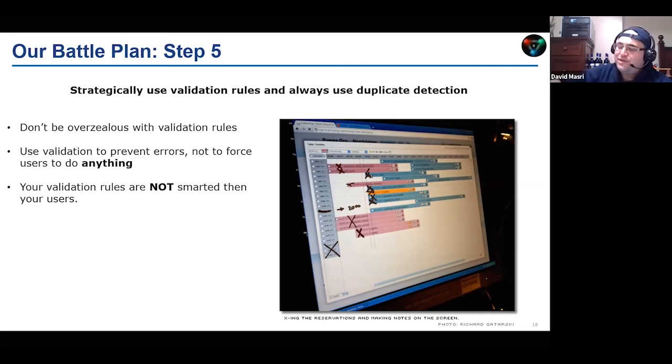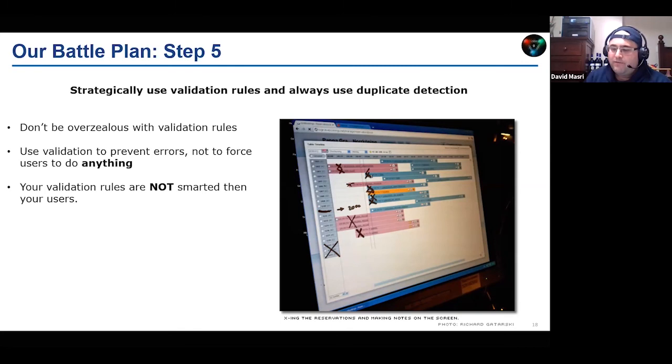So all they used the reservation system for was to list out the tables and their availability, and then actually mark it on the screen with a marker, right? That's how crafty users can get to bypass your validation rules.